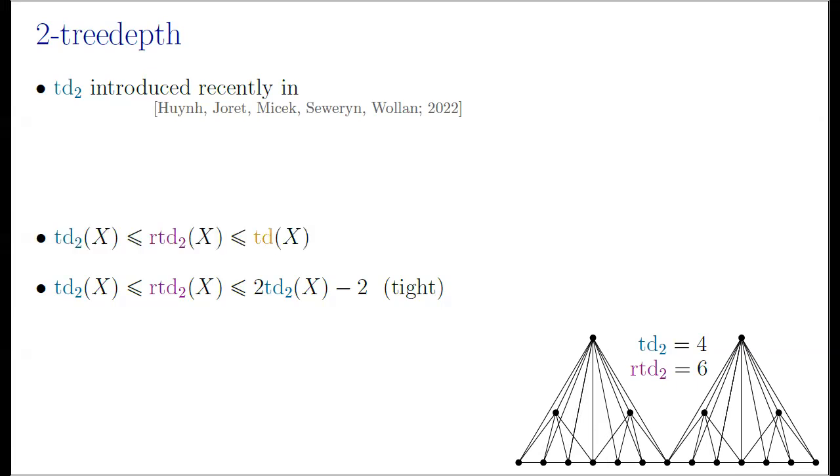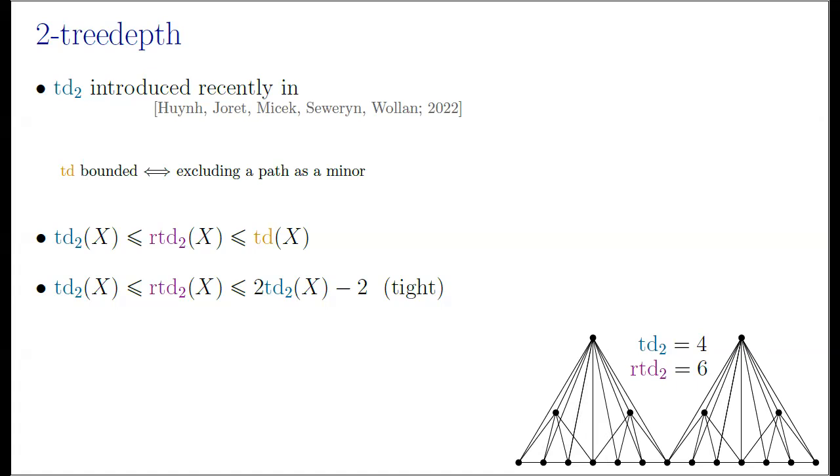Now, a nice thing is that the first inequality, if you look at the definitions, is obvious. The second one is also quite easy, but it is important because we are working with rooted two-tree depth, so we obtain finally some result with rooted two-tree depth, but then we can easily apply it to tree depth. So this is how we obtain this result when we remove this function g, this exponential.